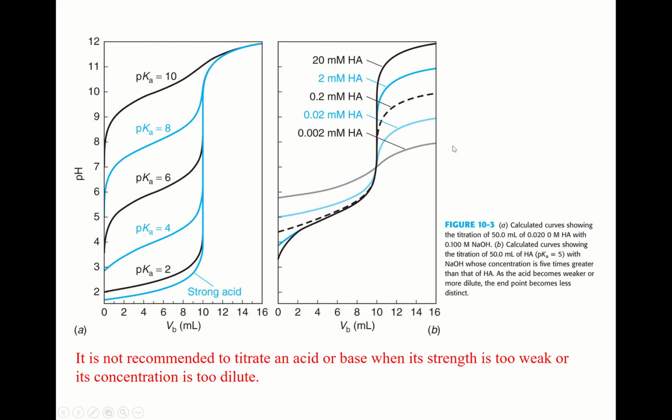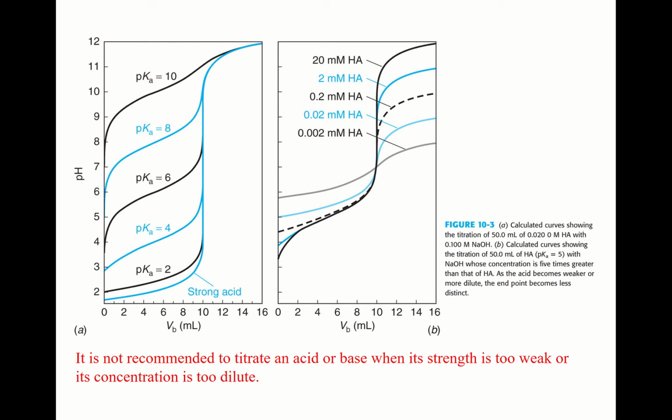This figure shows the titration curve of a weak acid with a strong base, depending on the pKa value of the weak acid. When the pKa value is small, the weak acid approaches a strong acid.